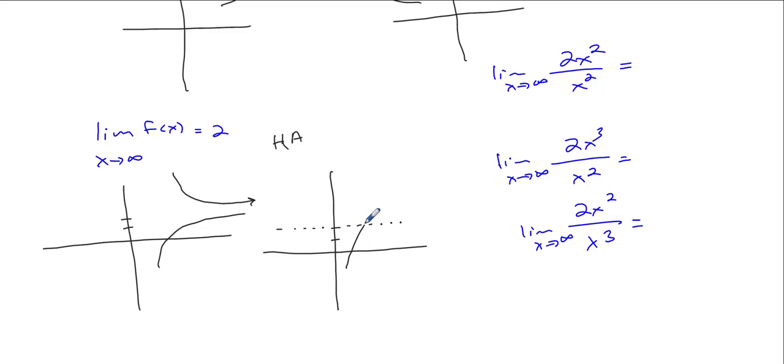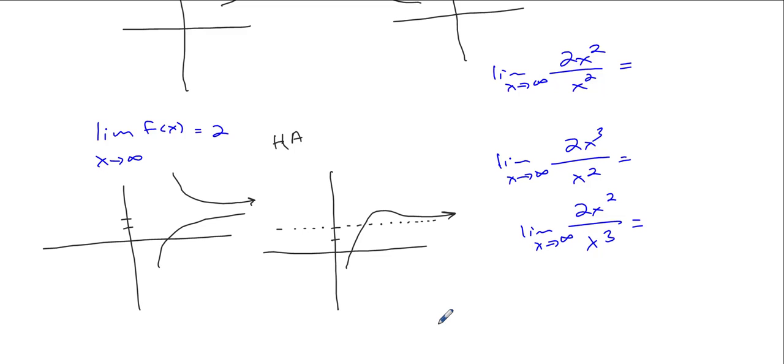Can a function go above that horizontal asymptote and then approach it from the top? Could that happen? It's impossible, because it can only get closer. Could it have a hole in the graph where it crosses the asymptote?